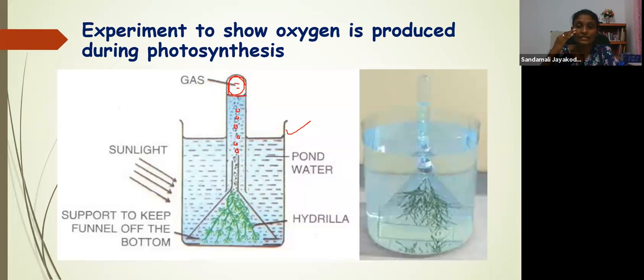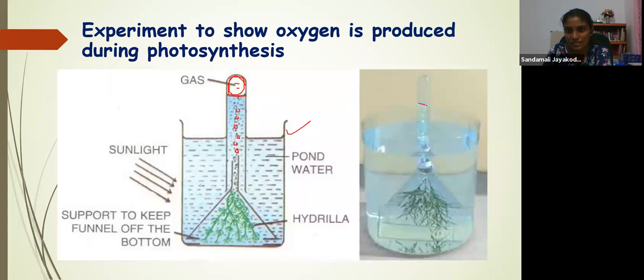Then we take that and we test it with a particular thing to check whether it is oxygen or not. That is what we do here. So that is the normal setup, and this is an actual setup of that. You can see here there's an area containing some gas.